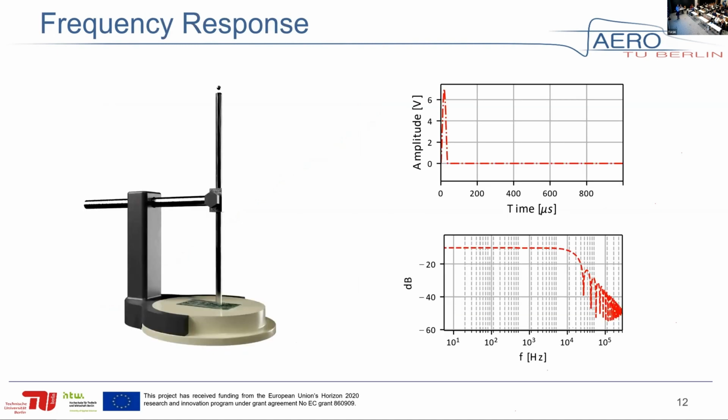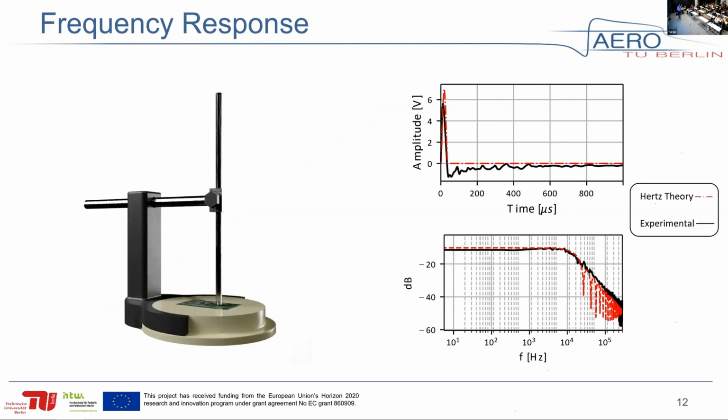And to conclude the characterization, we also performed a frequency response test, and we used a dropping ball impact test to get the frequency response. Here in red, you can see the theoretical values of the impact test. This is calculated based on Hertz's theory. And in black, you can see the actual measurements from the sensor.